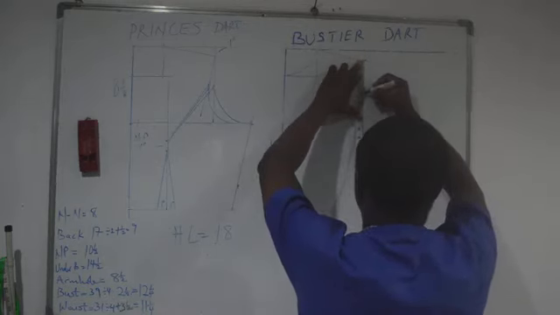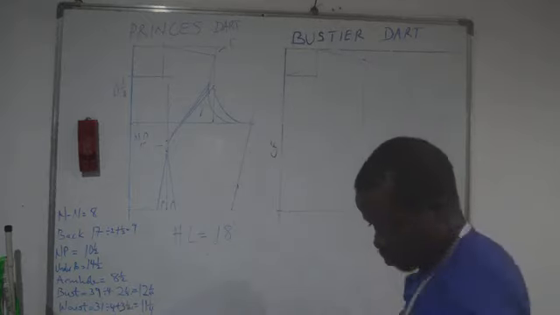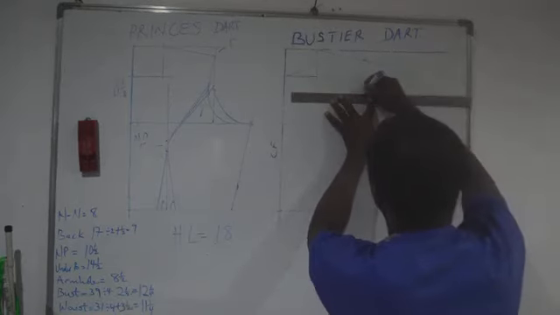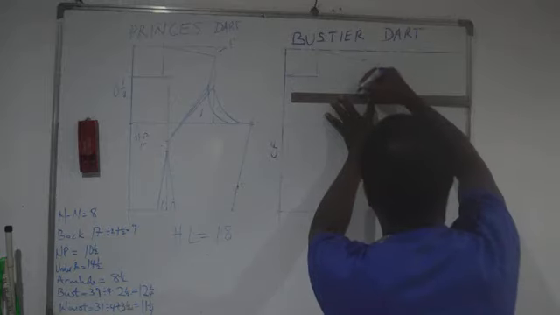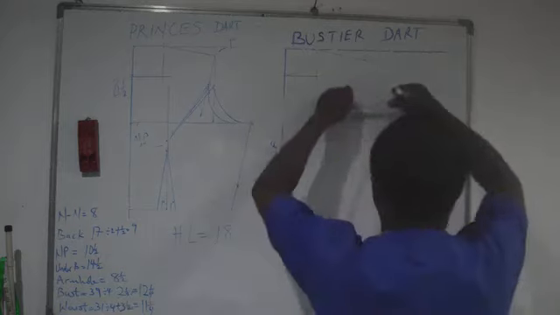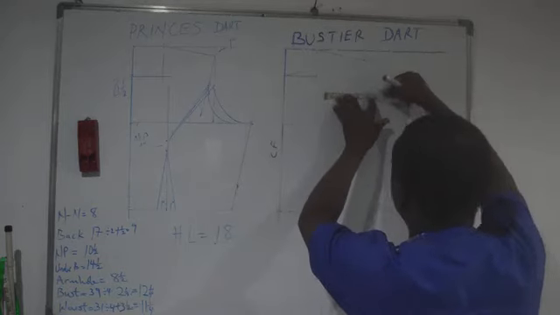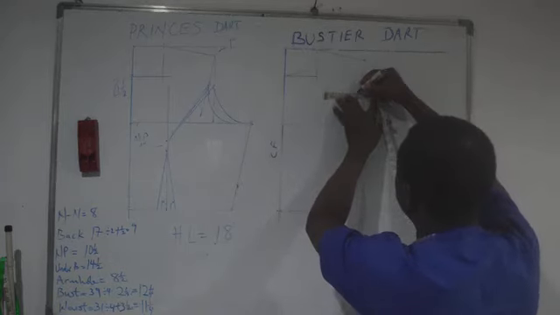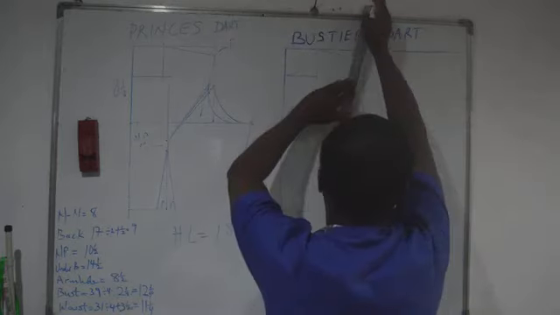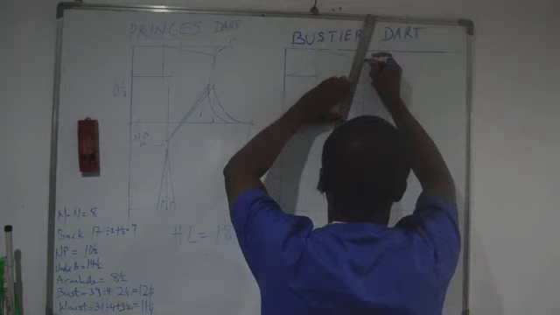You get 3/4. Pick your ruler, you are going to go in a little bit here. You go in by 3/4. Then pick your ruler again and draw a slant line from this low shoulder point.